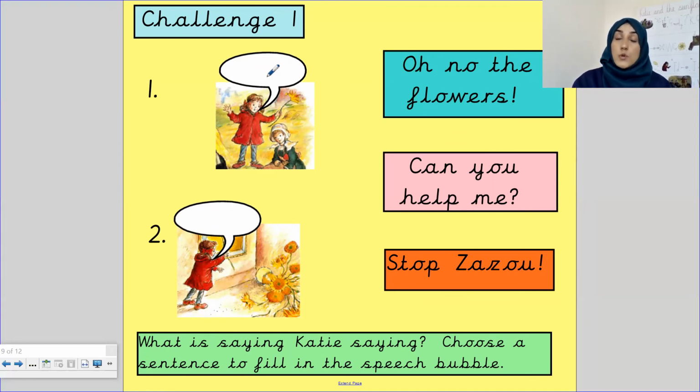So your job is to think, what could Katie be saying in picture number 1? Could she be saying, oh no, the flowers? Or could she be saying, can you help me? Or could she be saying, stop, Zazu? Can you choose one of these, either the blue box, the pink box, or the orange box to match this picture? And then do the exact same with picture number 2.